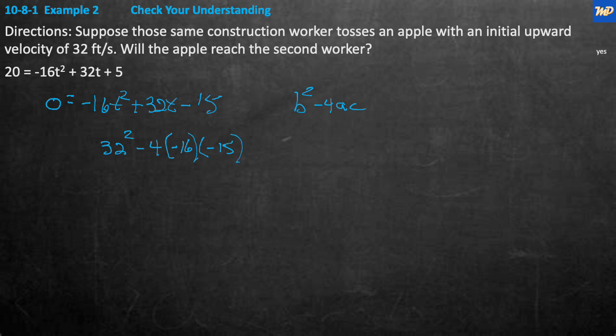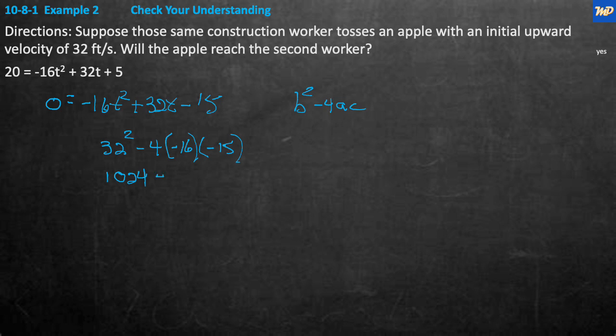Okay, so now we have to crunch these numbers, if you will. 32 squared is 1024. And it ends up minus, because all these minuses add to a negative. 3 negatives make a negative.